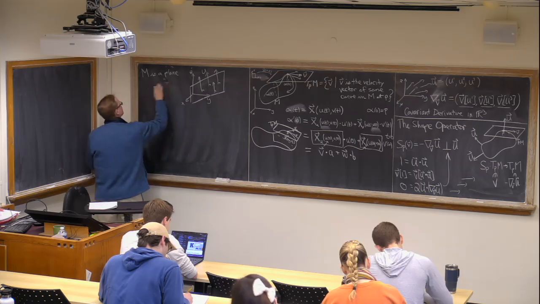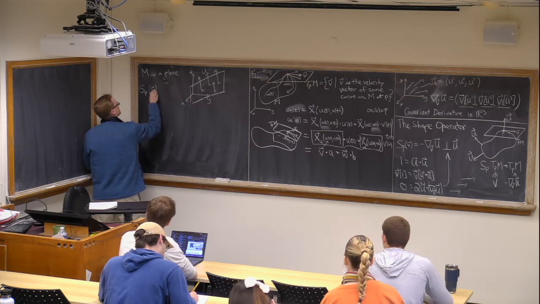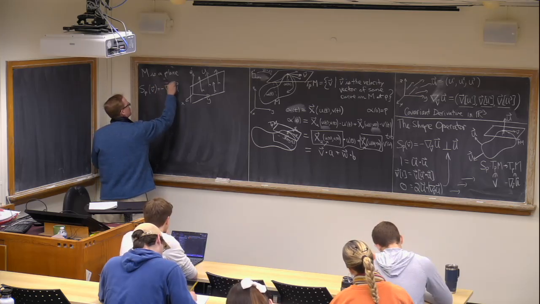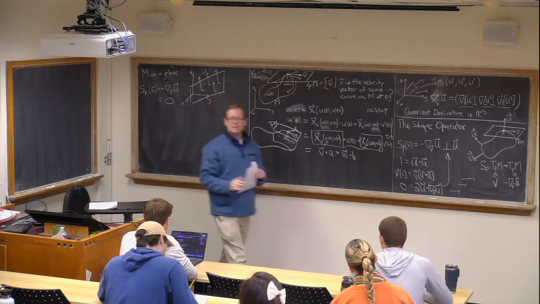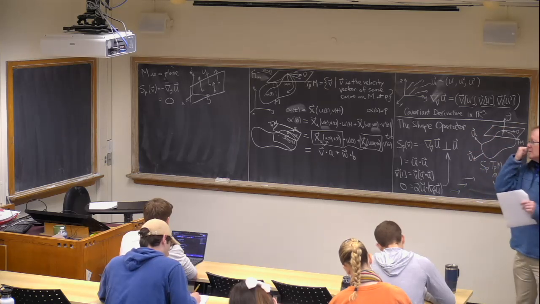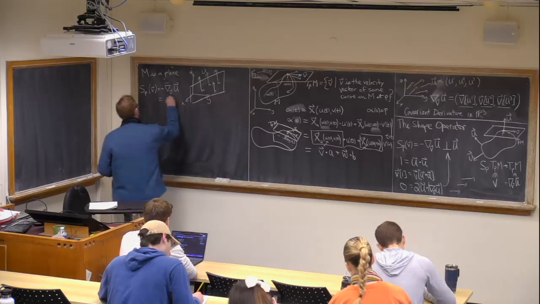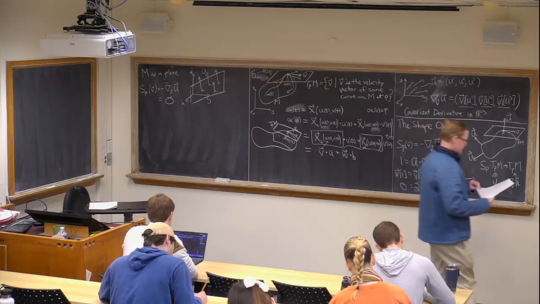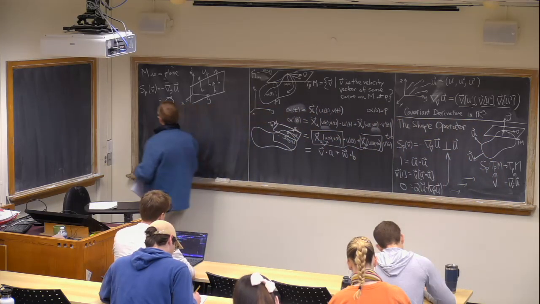So when you ask what's the shape operator of a plane, this is just the negative covariant derivative of that unit normal in some direction. Well, the unit normal is not changing, so no matter which way you go, it's 0. Shape operator is 0 for a plane. So it's still mapping from the tangent plane to itself, but it's the 0 vector, by the way. It's not the 0 number, it's the 0 vector. So that's example 1.